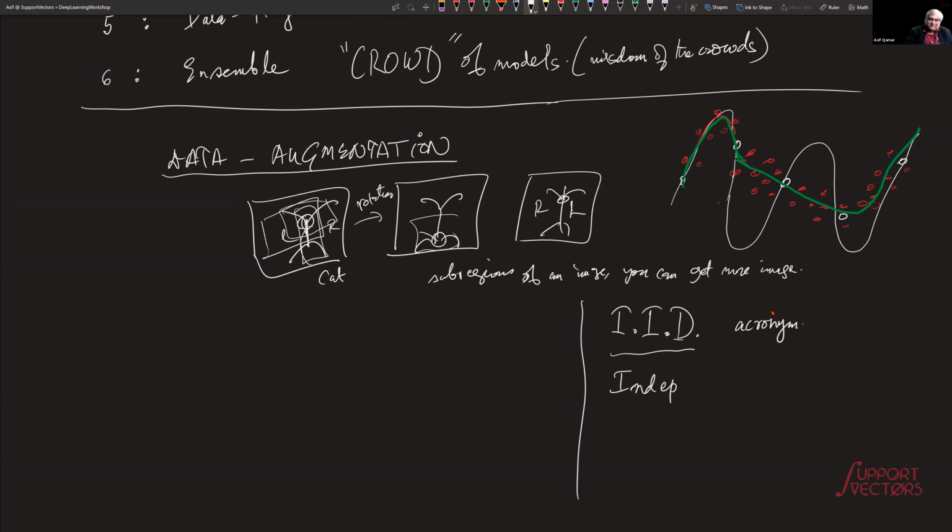Independent and identically distributed. So what it means is that if you look at the red points, if that is the truth, the ground truth, that is the distribution. So all the data points that you're learning from should truly have come from the ground truth.